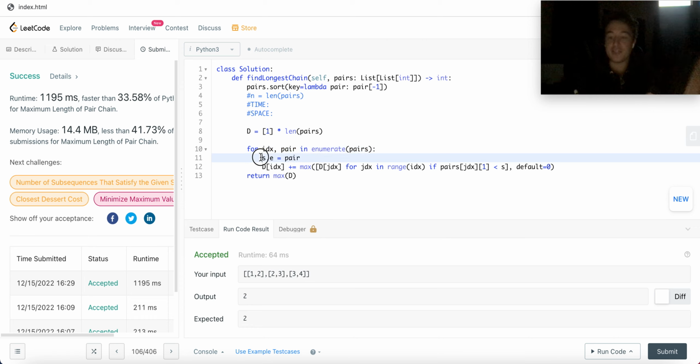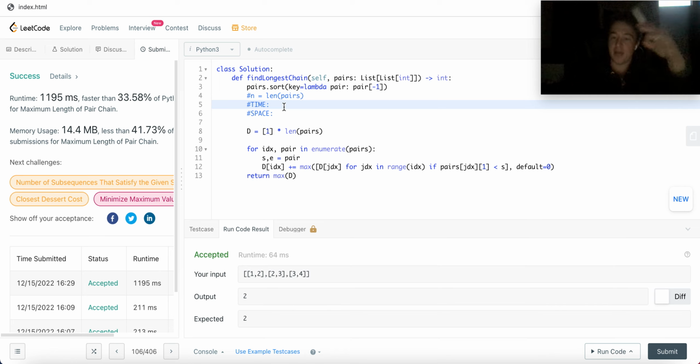And then for each pair, we have to look at everything that comes before it to make a decision about the best chain to connect ourselves to. So that's going to take another n time. So for each of n operations, we do n operations. So that's going to take n squared time, plus don't forget about n log n, but it gets shadowed by n squared because that grows much faster.